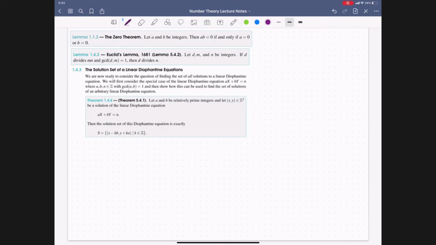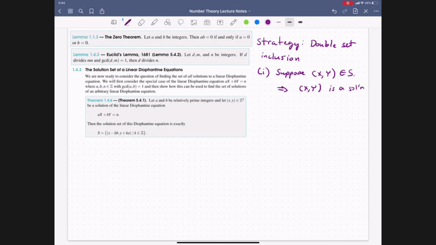Here's what we're going to do for this proof. The strategy is to do a double set inclusion. What we are going to do first is suppose that x, y is in the set S. We're going to show that this implies that x, y is a solution to the Diophantine equation.